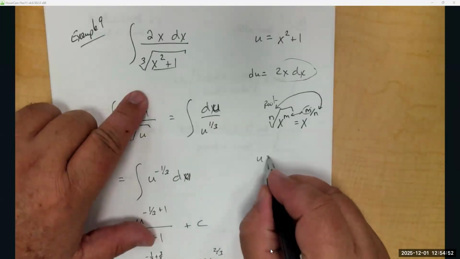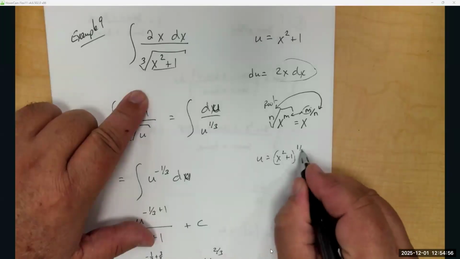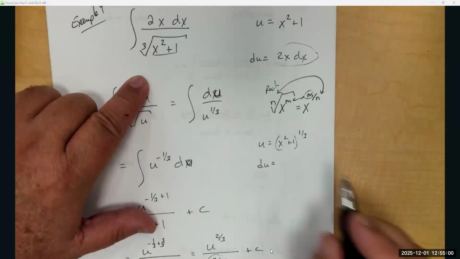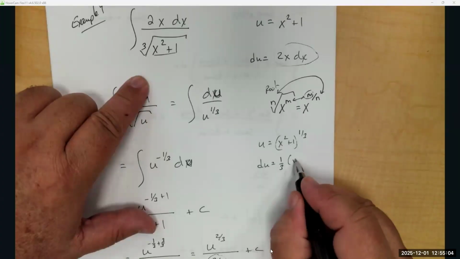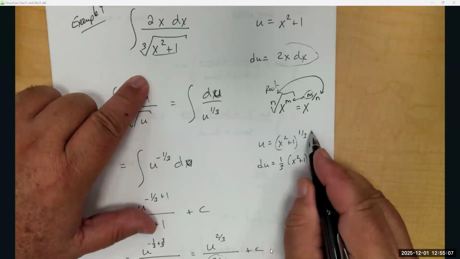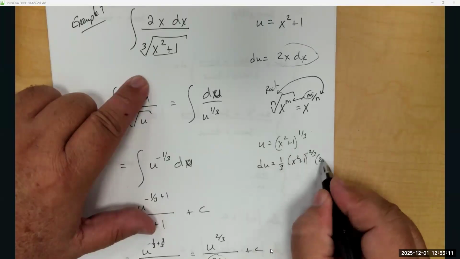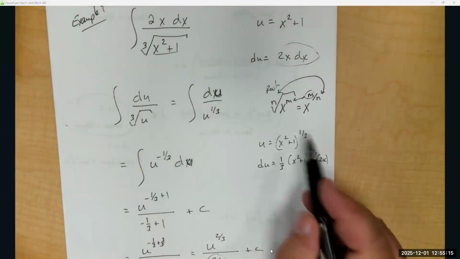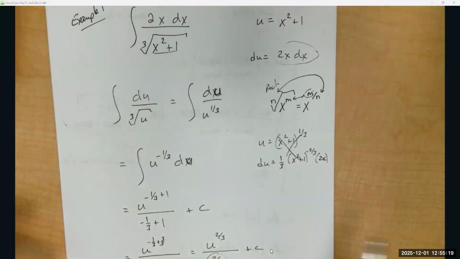If our u was x squared plus 1 to the power 1/3, what would du be? Bring the power outside, subtract 1, times the derivative of the inside. You see how big it got really quick? So that's why this whole denominator could not be the u. So it's only the inside.